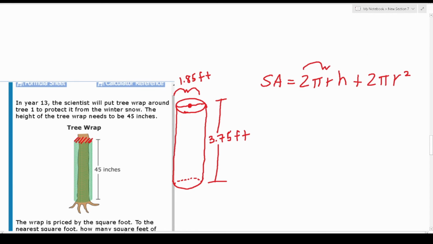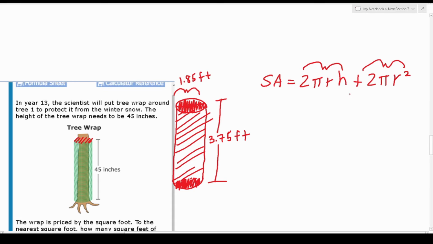This first part finds just the curved vertical area of a cylinder. And this part, 2 pi r squared, well, pi r squared is the formula to find the area of a circle. Multiply it by 2, and that's to find the area of the circular end caps, which we don't need.